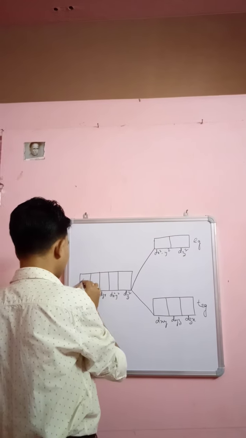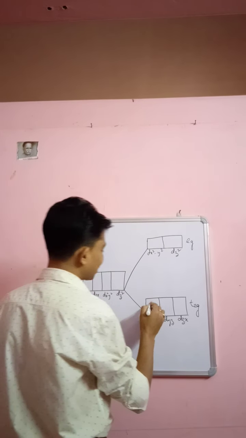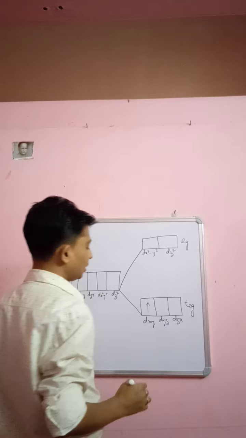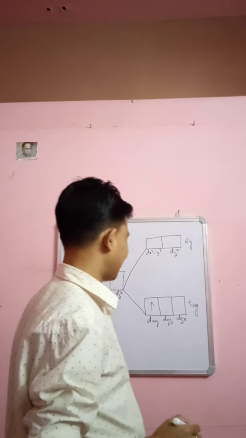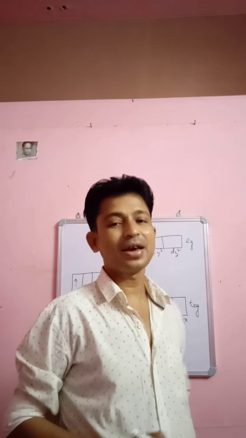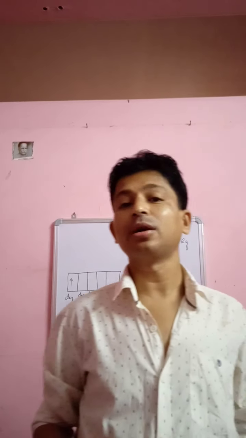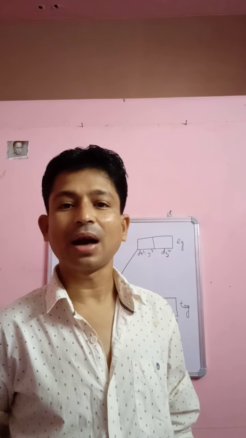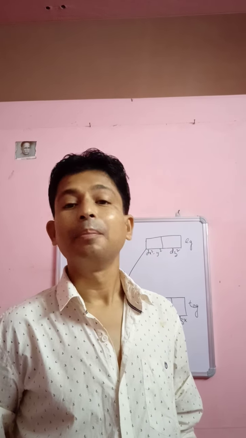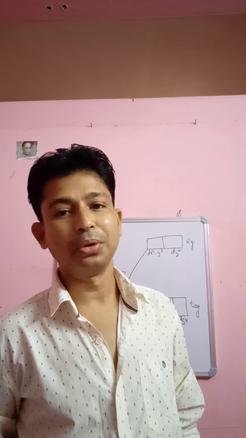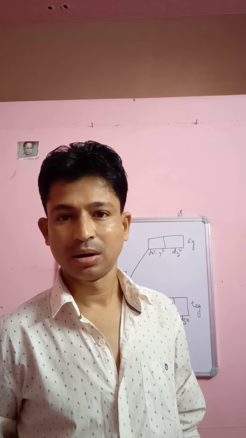Now suppose there is one electron in the dxy orbital. This electron takes energy from the visible region of light. The visible region means violet, indigo, blue, green, yellow, orange, red.